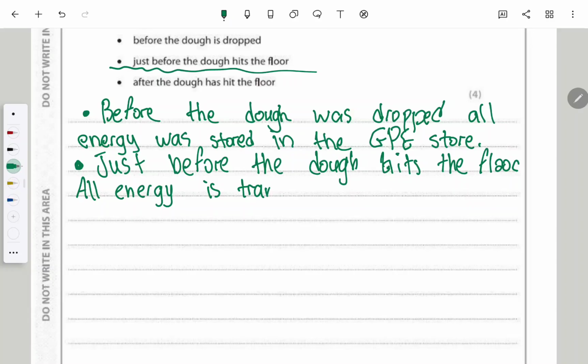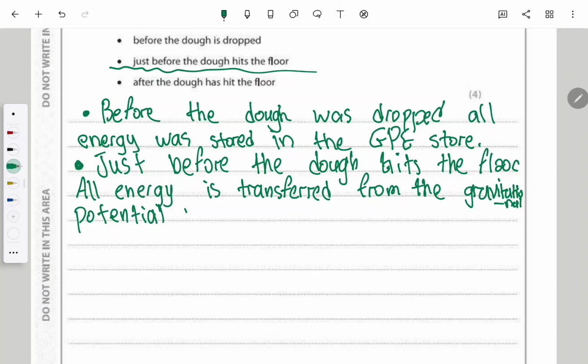All energy is transferred from the gravitational potential store to the kinetic store.